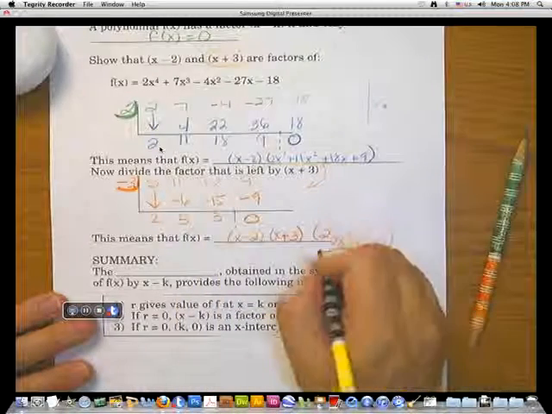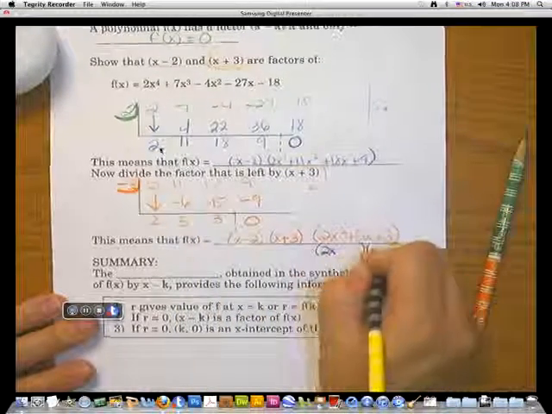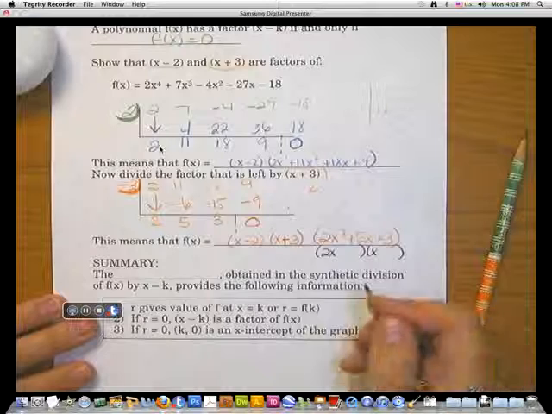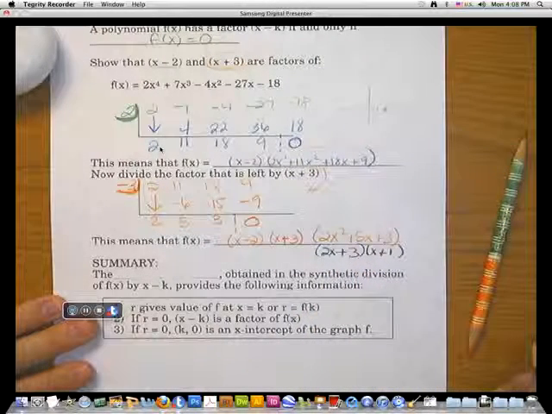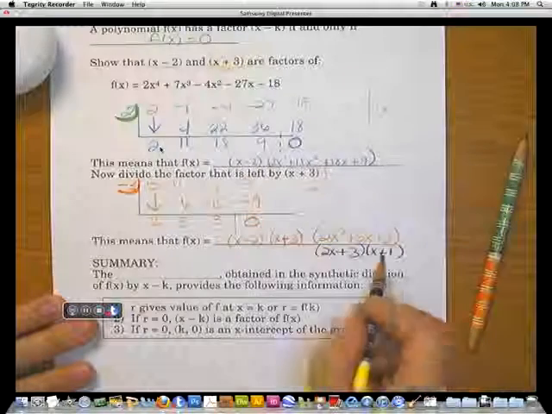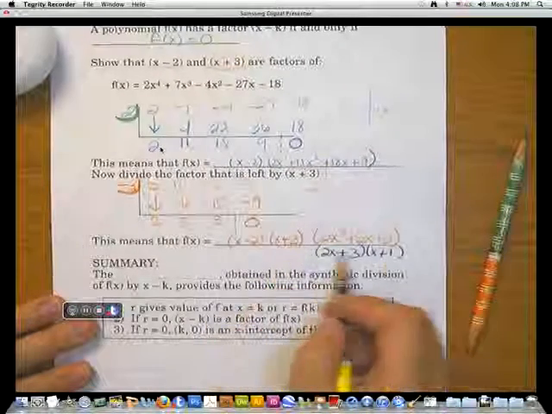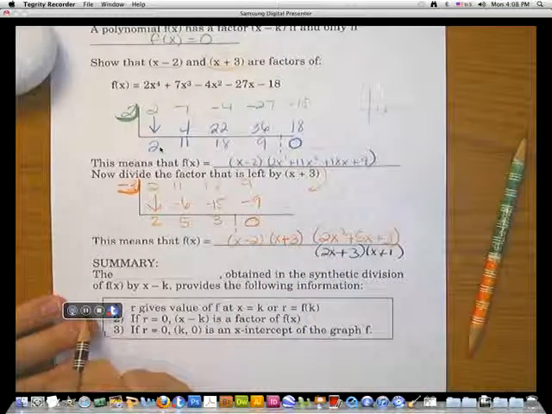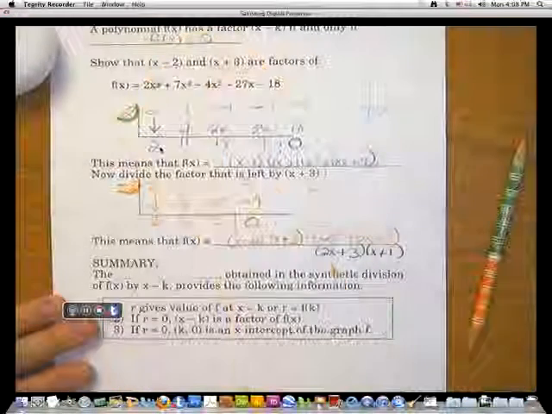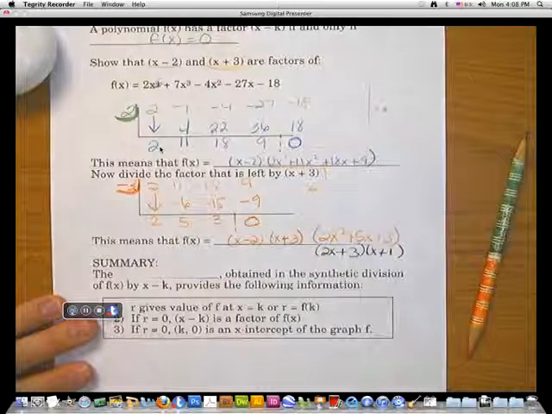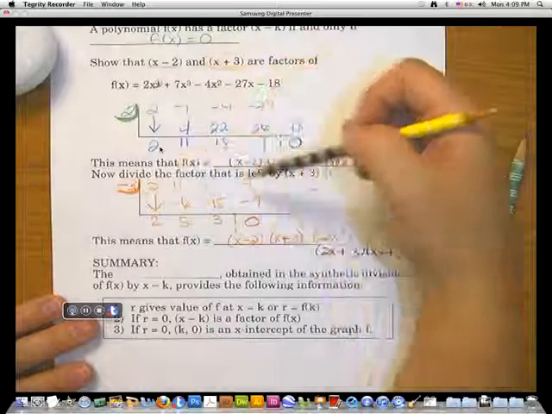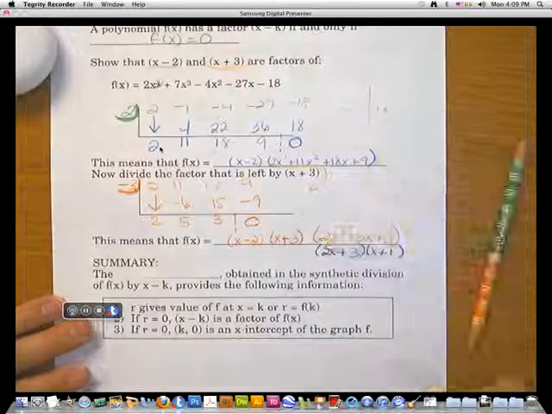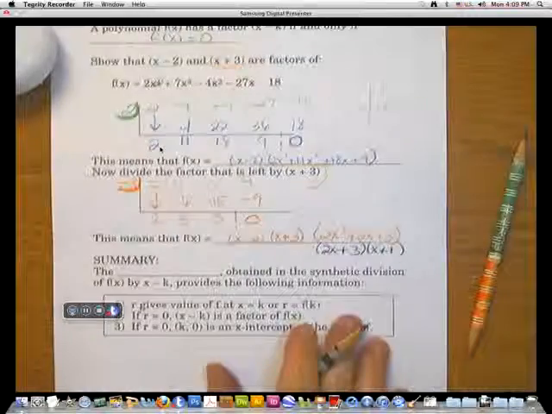Now, this leftover piece is very easy for me to factor into my 2 pieces. So I can find all 4 of my factors, which means I can find all 4 of my zeros, and I know there's 4 of them because that's what my n is, my exponent, just by doing this synthetic division to get smaller and smaller polynomials to factor.